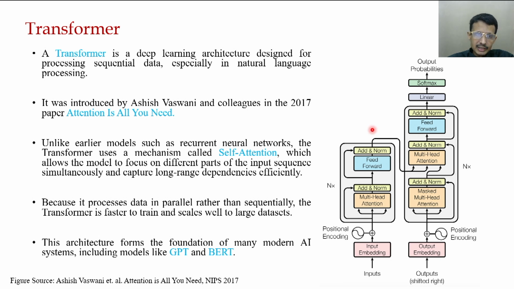Now one special advantage of the transformer is that it processes data in parallel rather than sequentially, which makes the transformer much faster to train and scale well to large datasets. So the transformer is basically faster than recurrent models like RNNs.